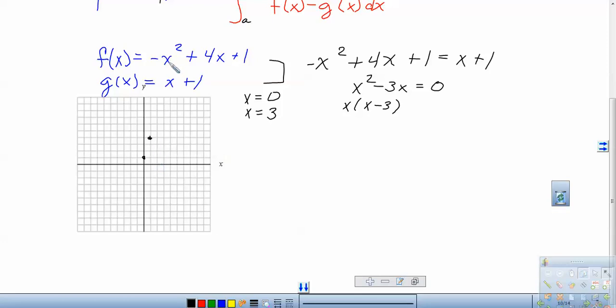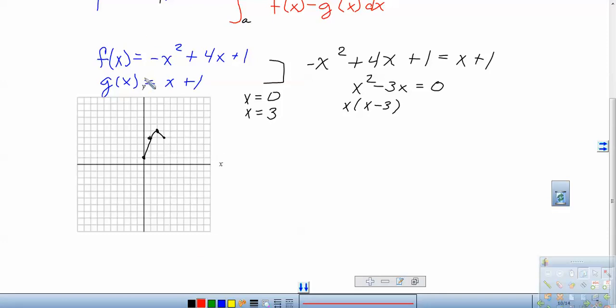If I put 2 in, I get negative 4 plus 8 plus 1, which would be 5. And if I put 3 in, I get negative 9 plus 12 plus 1, which is 4. So it's going back down. So that means 2, 5 was its max. And if I draw that, that one looks like that.